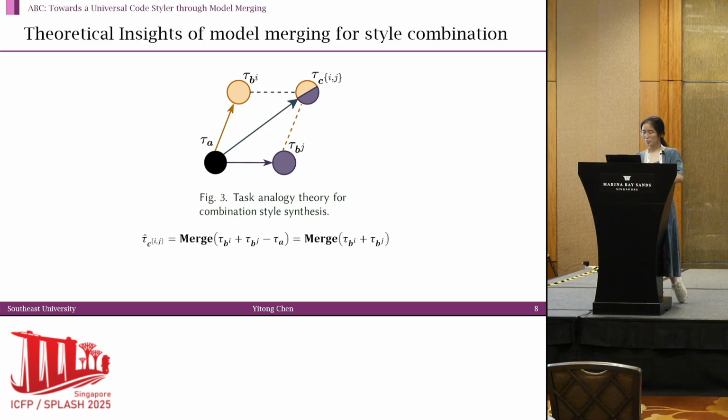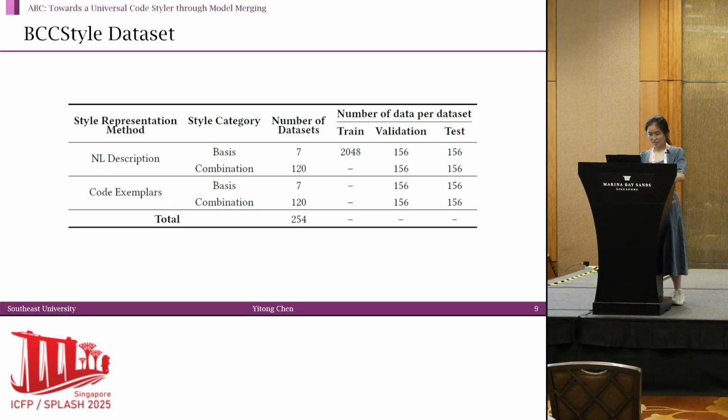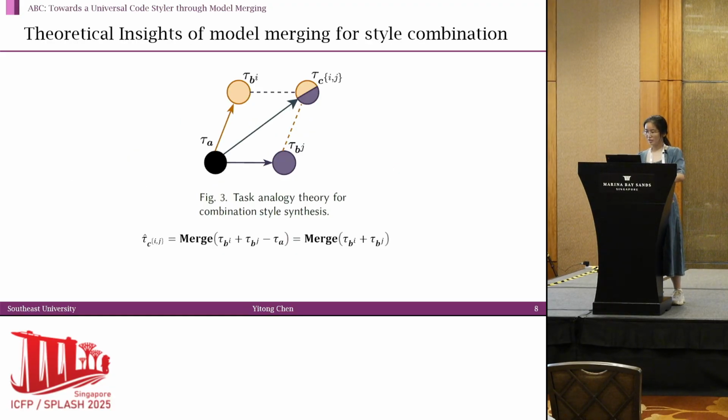So we also briefly introduce the theoretical insight of model merging for style combination. We are inspired by Ilharco's task analogy theory. So let tau A be the absent style vector, and tau Bi and tau Bj be two different basis style vectors.